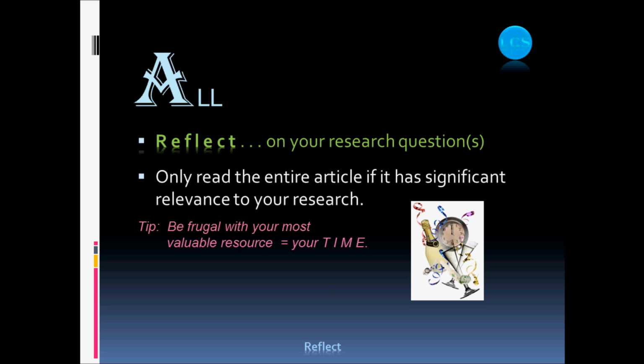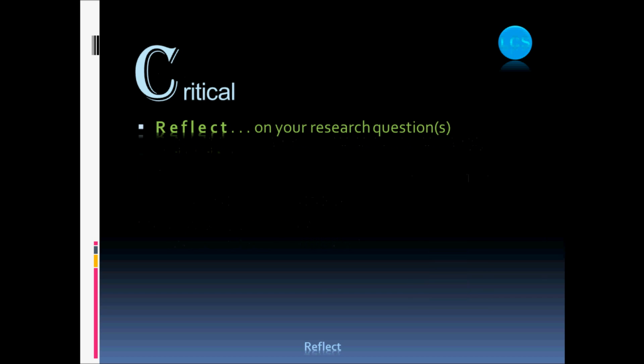Having decided now that you are going to read the article in detail, we need to proceed with a critical approach. Now, what do we mean by a critical approach? Well, in essence, it is an approach where you consider all of the issues or aspects that could affect your research question or position.